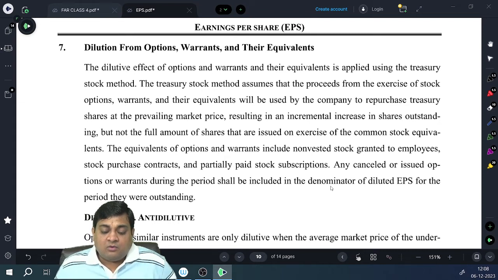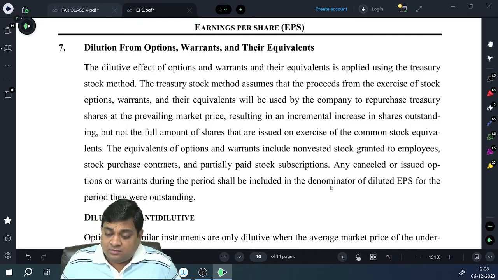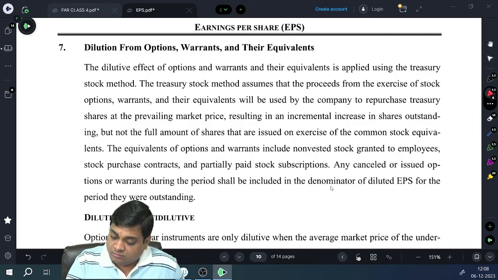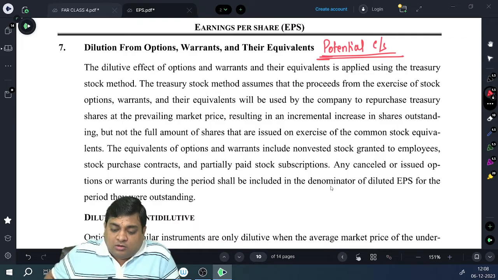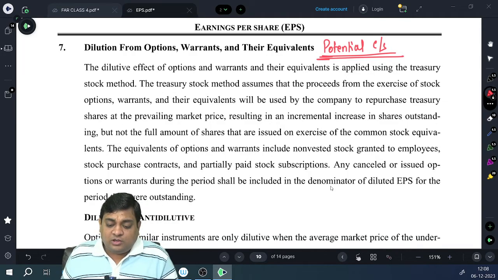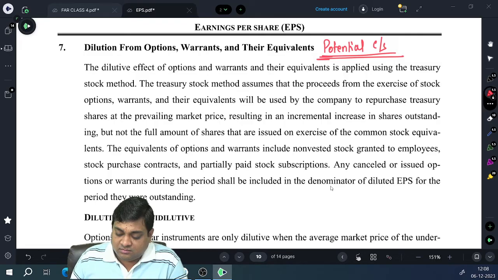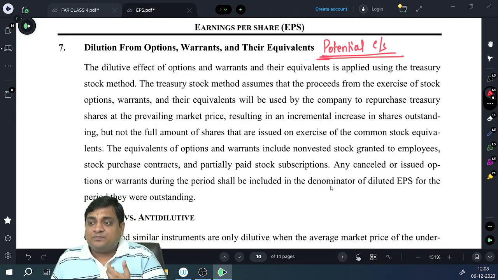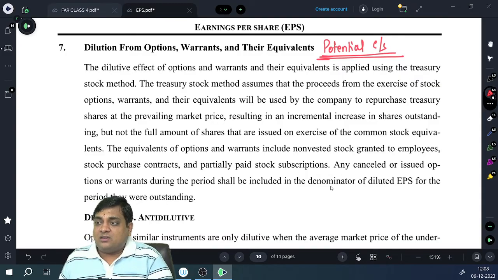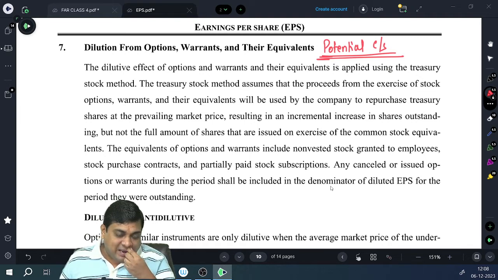Right. Now we are going to consider another potential common stock. This is also potential common stock. Now, one thing you need to note is that this is always dilutive because numerator doesn't increase, because share warrants are such type of instrument wherein you tell that you apply for the shares and we allot you shares in future, right?